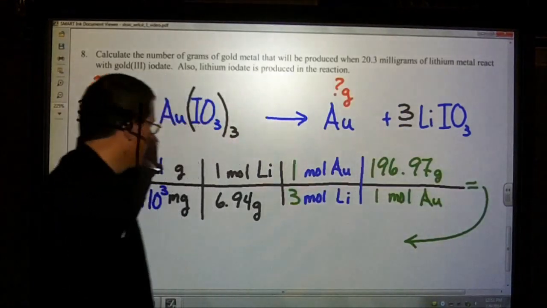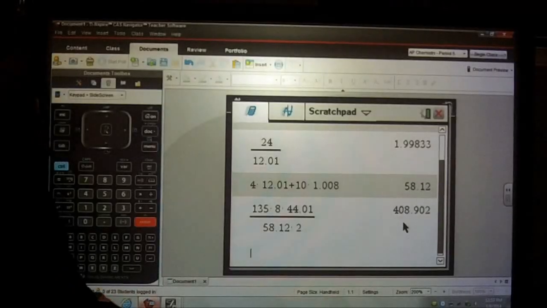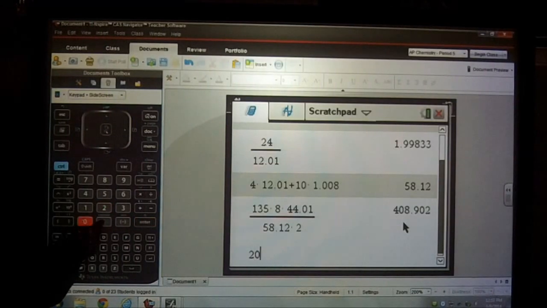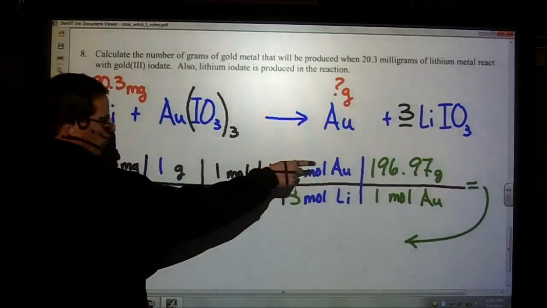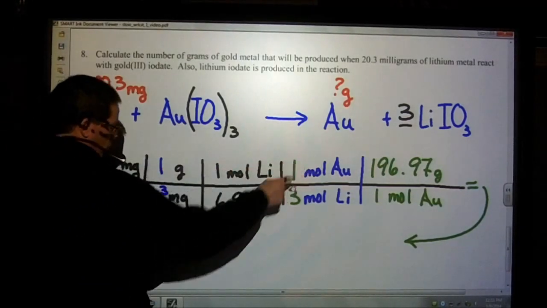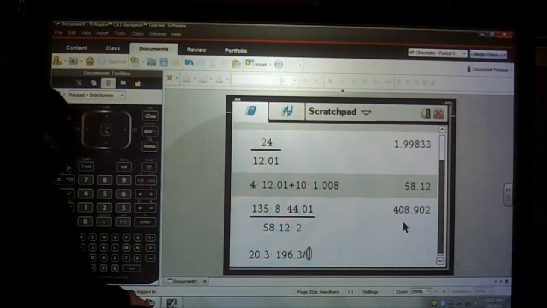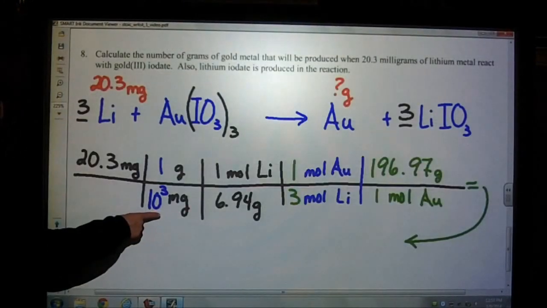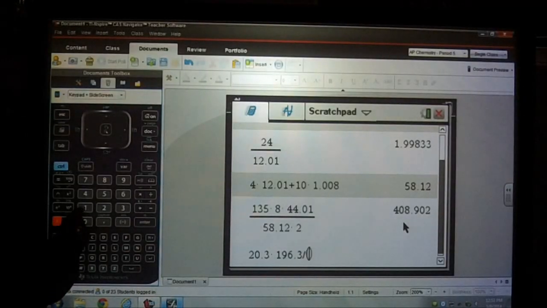All right, so let's see, we had 20.3 times 196.97, times 1 times 1 times 1, divided by, open your parentheses, 1,000. So we'll go 1, and there's an EE button there, 3.